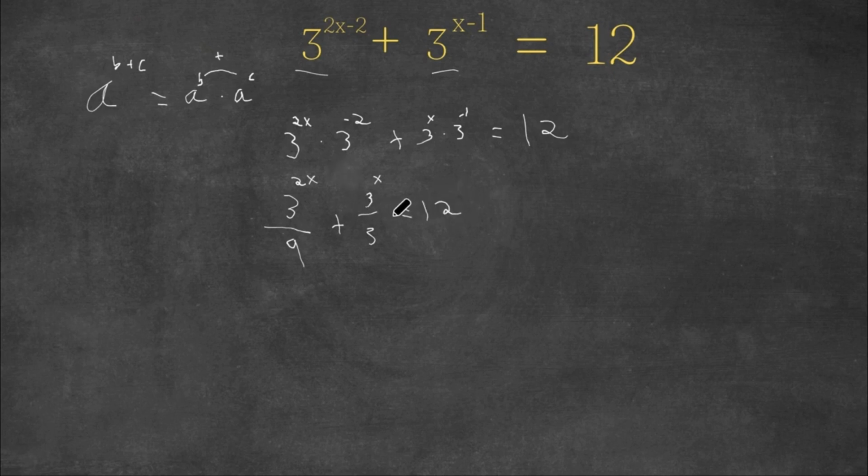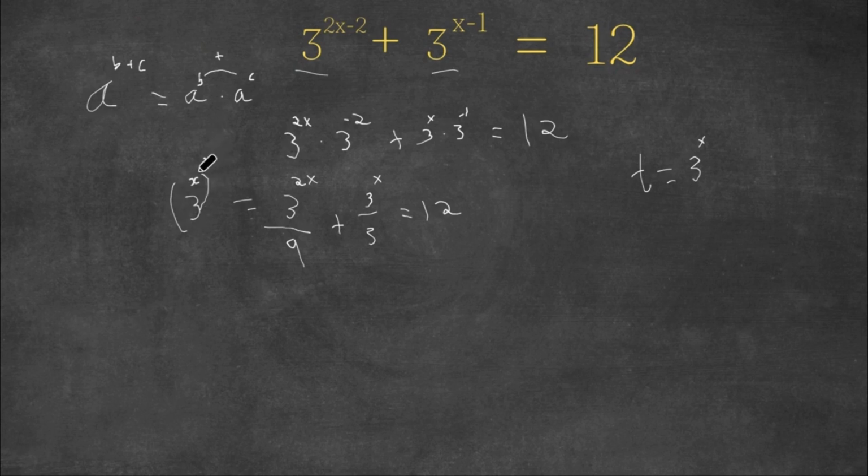All right, so now what we're going to do is we're going to set the variable t equal to 3 to the power of x. We're just doing this to simplify this a little bit. So 3 to the power of 2x, well, this is the same thing as 3 to the power of x to the power of 2.